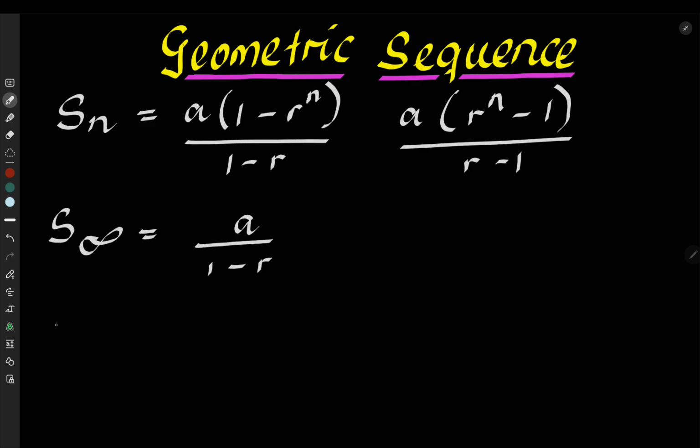Now, the other thing you need to know is about the converging sequence. A geometric sequence can be called a converging sequence when r is greater than -1 and less than 1. So the values of r have to range between -1 and 1. This kind of sequence will be called a converging sequence.